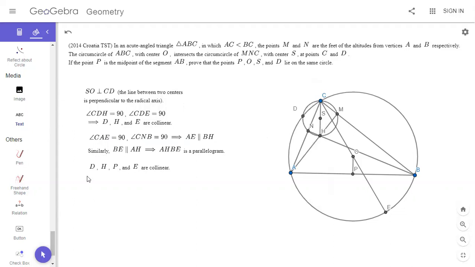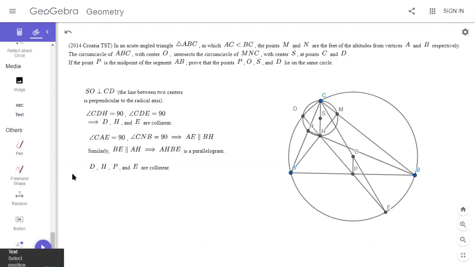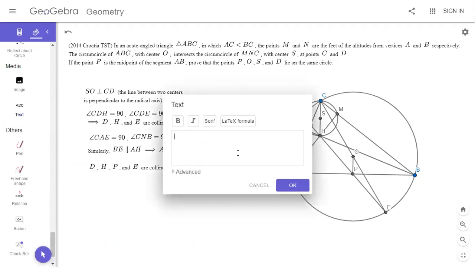Okay. And then once we know that, since CB is perpendicular to DE, that means DP is parallel to SO.